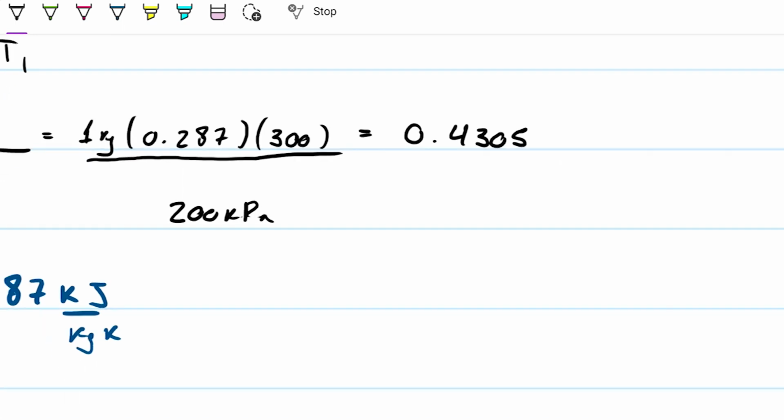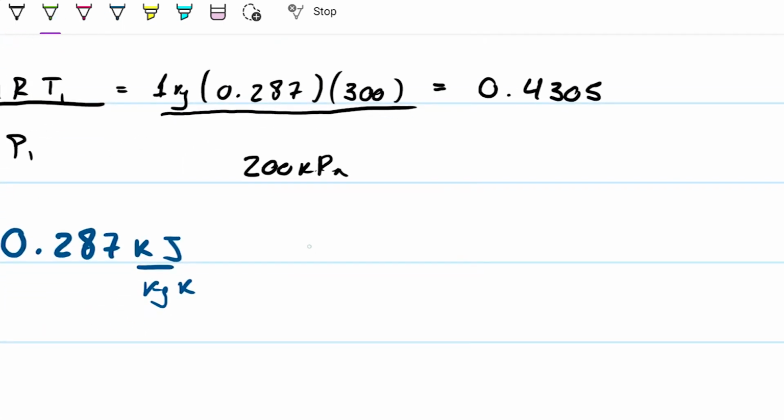And then the units here, let's check. We have kilograms. Then we have kilojoules per kilogram per Kelvin. Then we have 300 Kelvin. In the bottom here, we have kilopascals. So kilograms and kilograms, Kelvin and Kelvin. Kilojoules and kilopascals, the kilo go away, and we're left with joules over pascals.